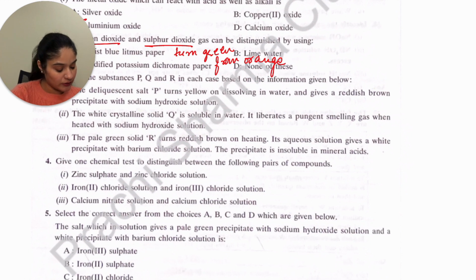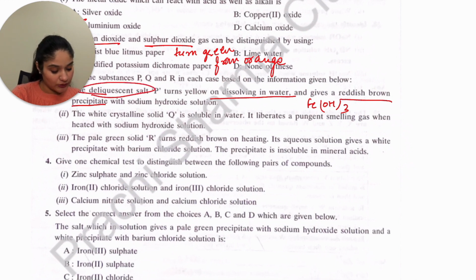So what turns yellow on dissolving in water and gives reddish brown PPT? That should be your Fe(OH)3, which is reddish brown. So the salt P should be ferric chloride for you.